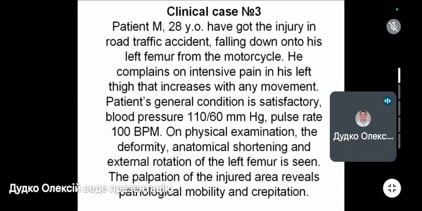In the clinical case, it's also mentioned that the femur is shortened and it's usually externally rotated and bent in the middle of the thigh. These are the main specific symptoms for fracture. So next step, according to the clinical case, you should immobilize the femur.